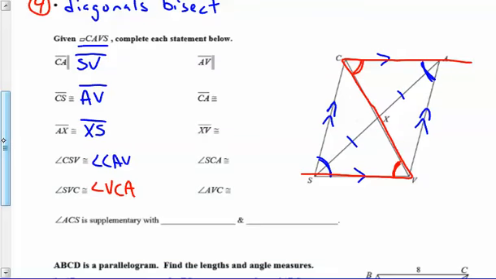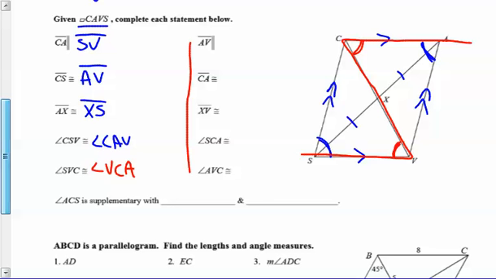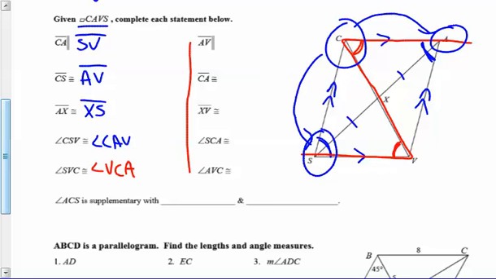So you should be able to fill out this side and plug them in. Let's say angle ACS is supplementary. ACS is this large angle, has to be supplementary with this large angle, and it has to be supplementary with this large angle.